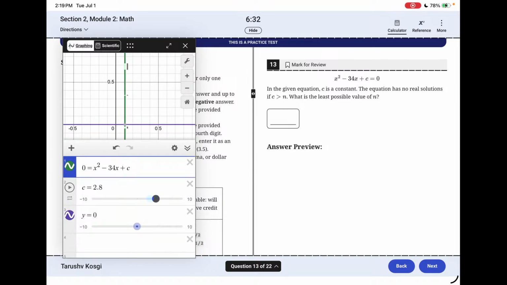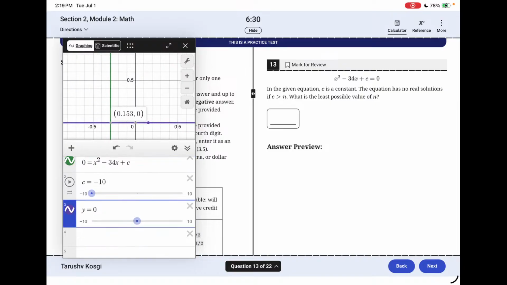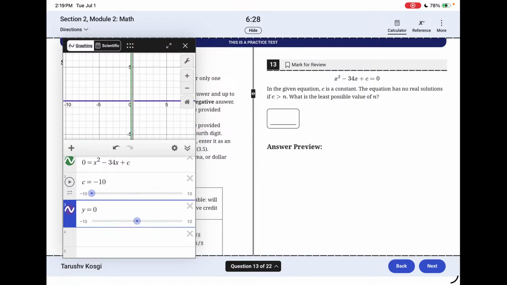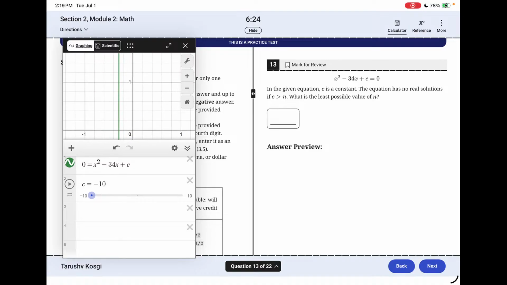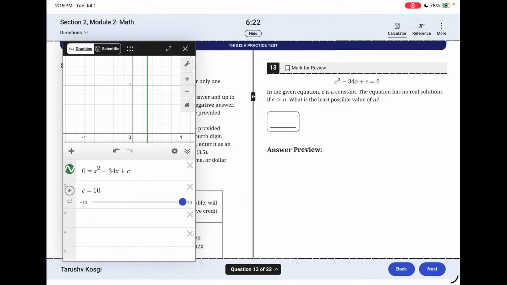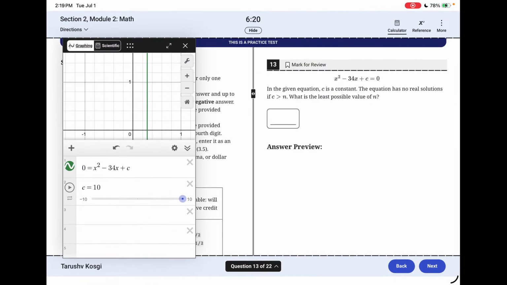Okay, wait, so at which point does no real solutions?